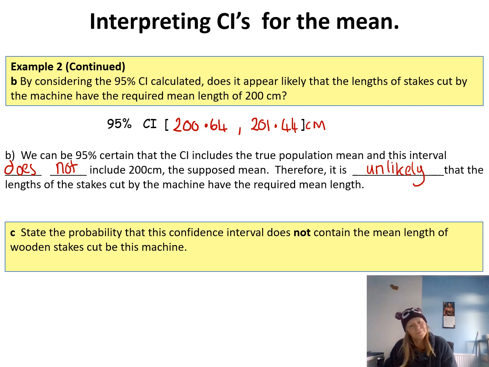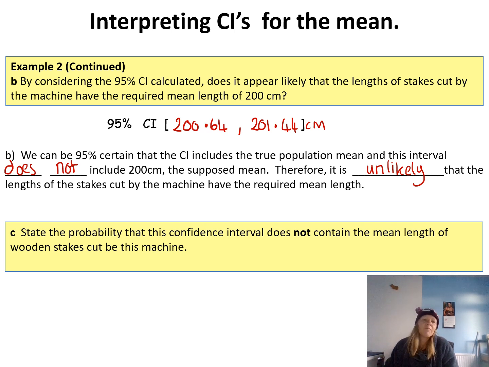Who knows? Right, part C. State the probability that the confidence interval does not contain the mean length of wooden stakes cut by the machine.